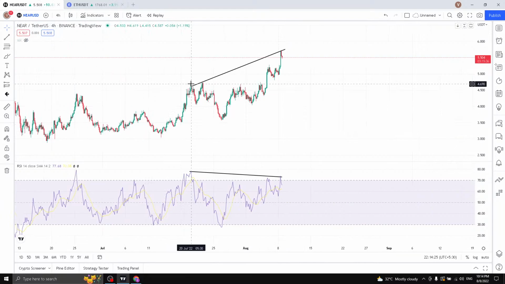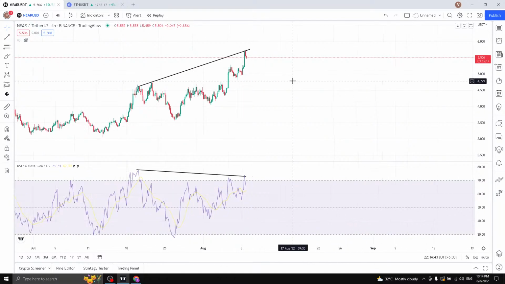Okay, so on Near, the price has continually kept going up. It has formed a higher high over a higher high, but the RSI has formed a lower high, which is a discrepancy in the price action. This is a bearish divergence, so I don't think it's done yet.